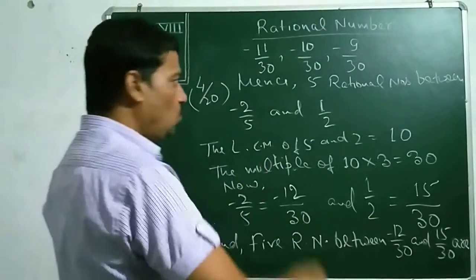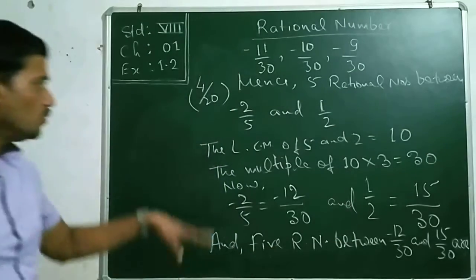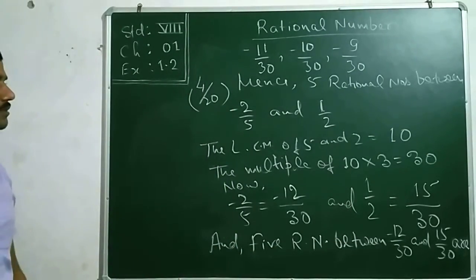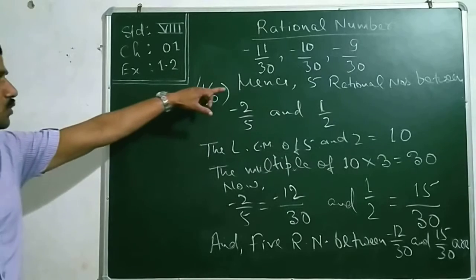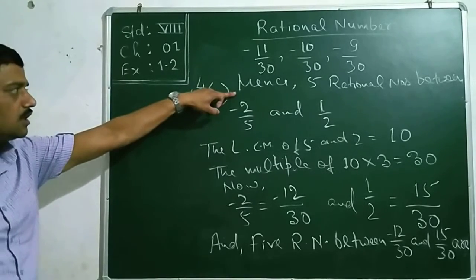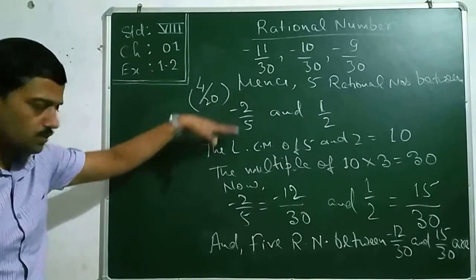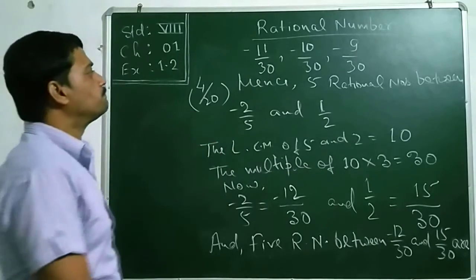I am going to rub the lower portion now if you have completed it so far. Up to here I have explained. Now I am going to rub the initial portions. See, take care.